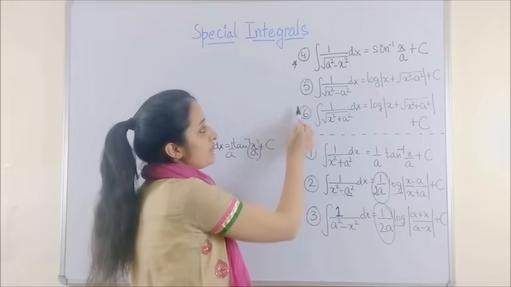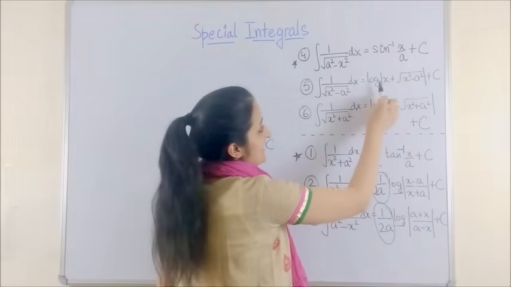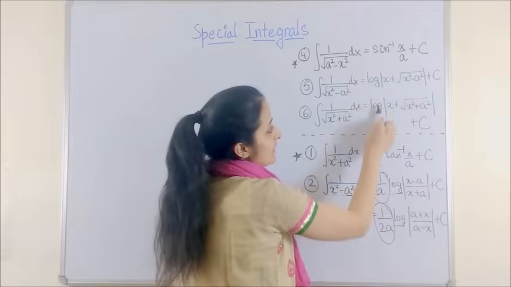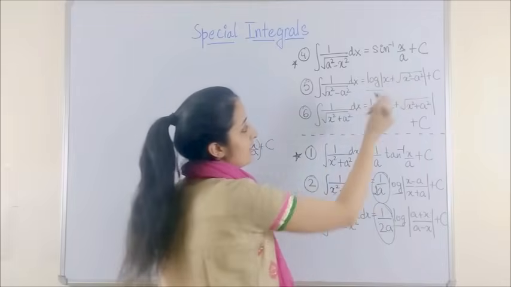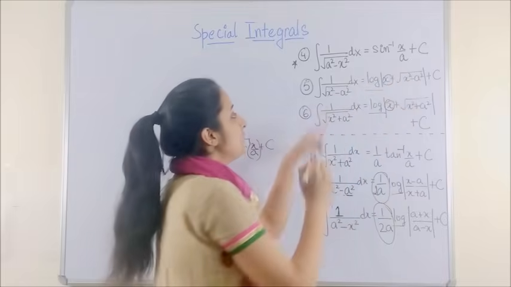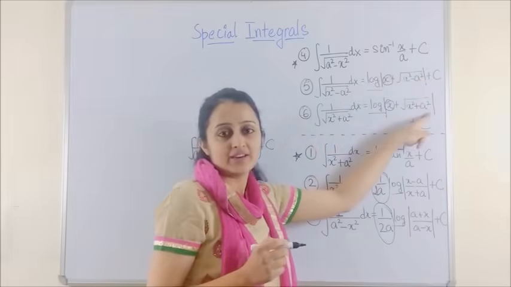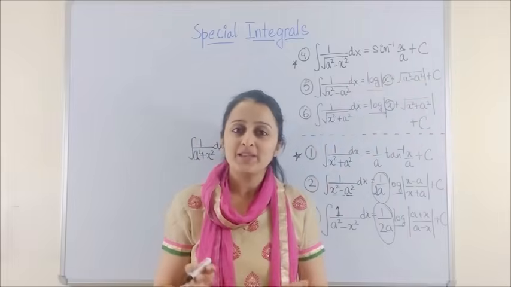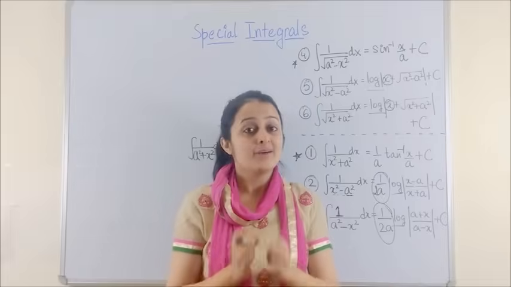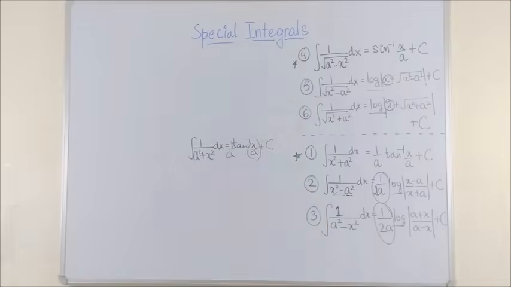Now similarly for 5th and 6th, both the square root kinds, it's very easy. You know it is log and log over here. Inside you are writing x, and then all you need to do is plus, and you are repeating the same square root over here. So go through them, find your own ways, but make sure you remember them before you start the questions.